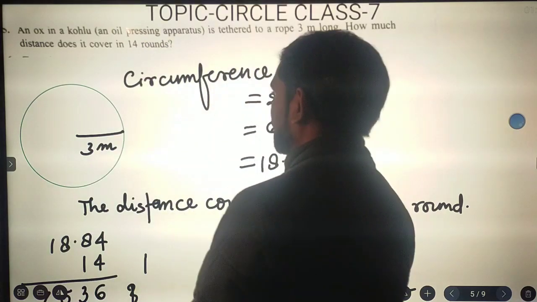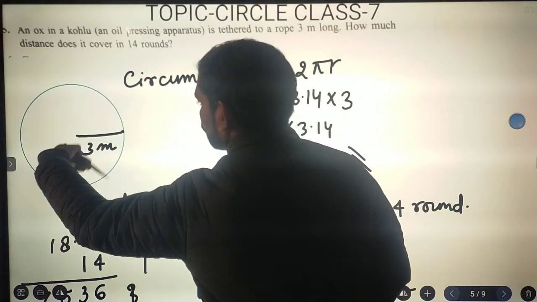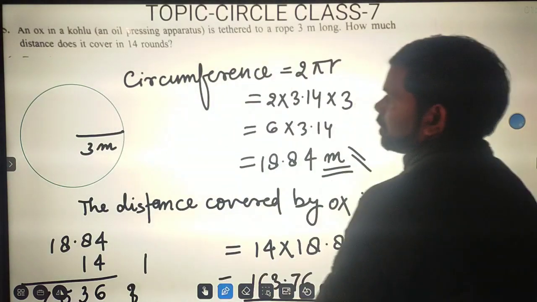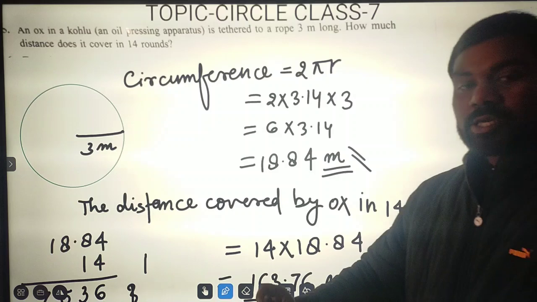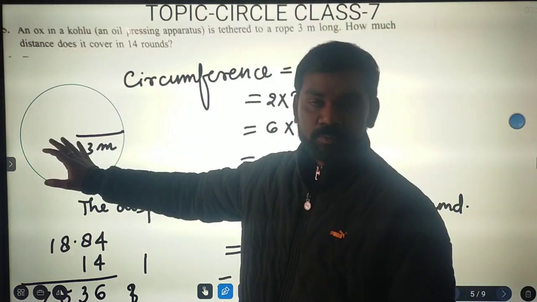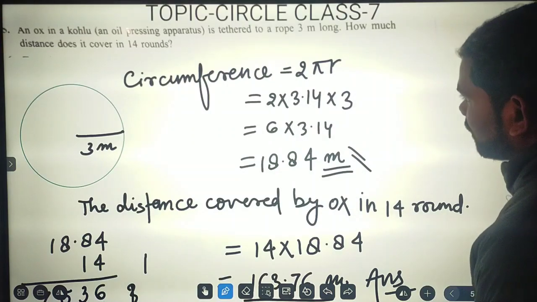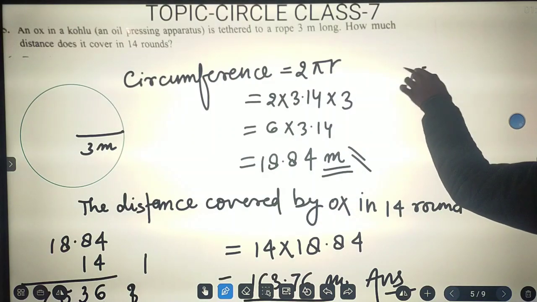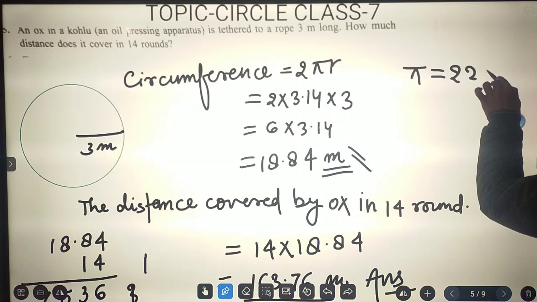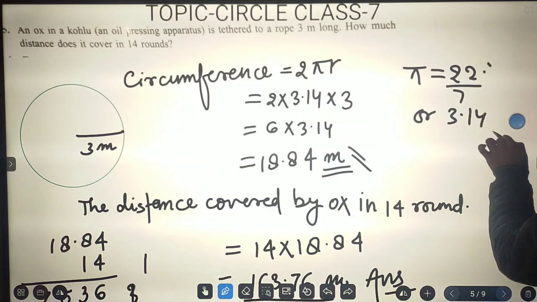The ox is tied by a rope which is 3 meters long, and this ox will move on a circular path. When it moves in one round, we get the circumference of this circular path. Therefore, the circumference is equal to 2 pi r, and the value of pi is 22 by 7 or 3.14.